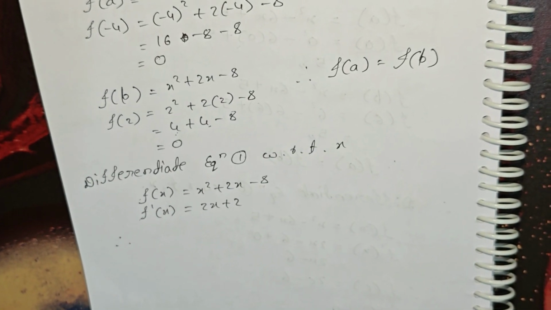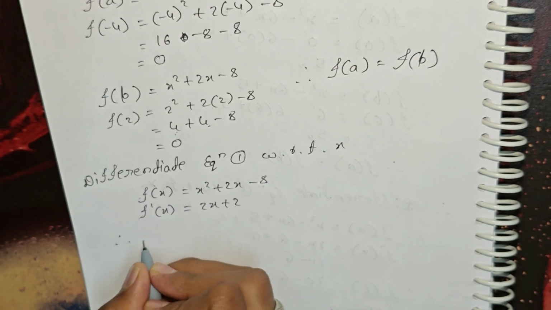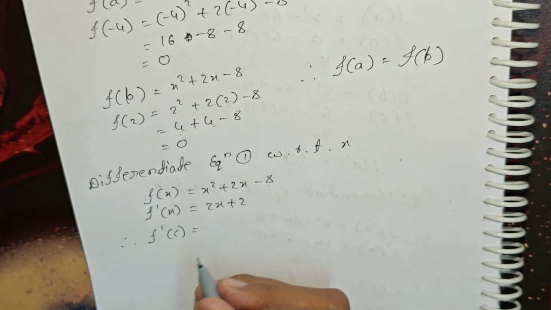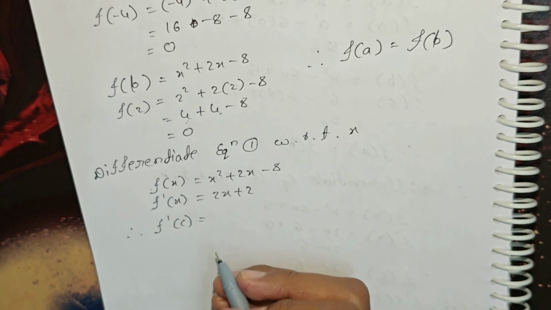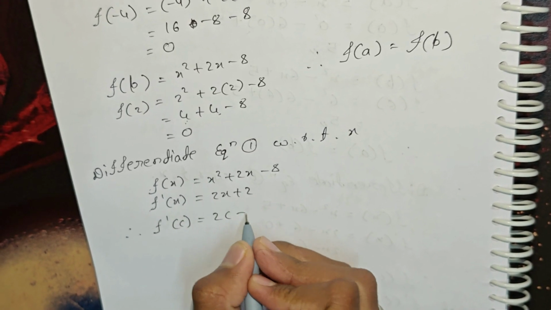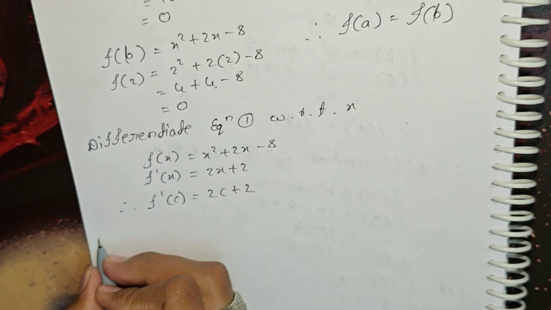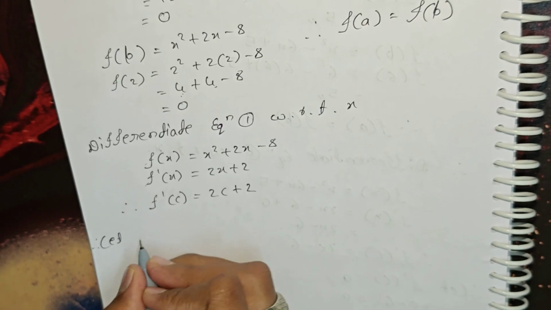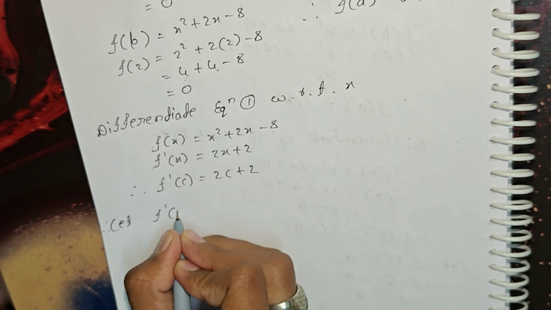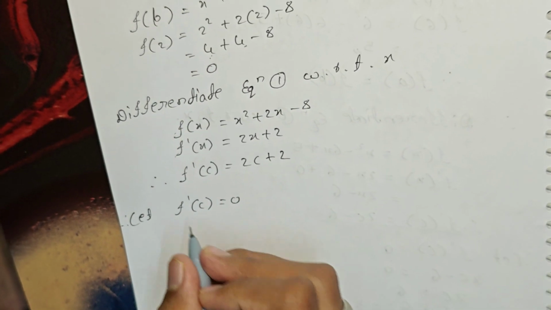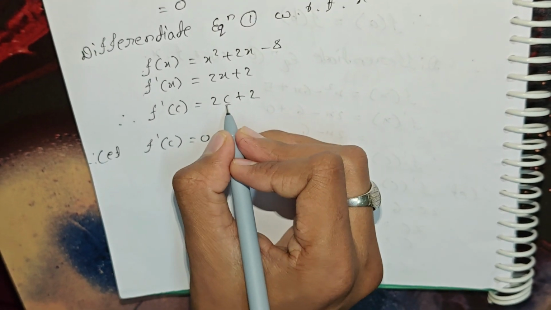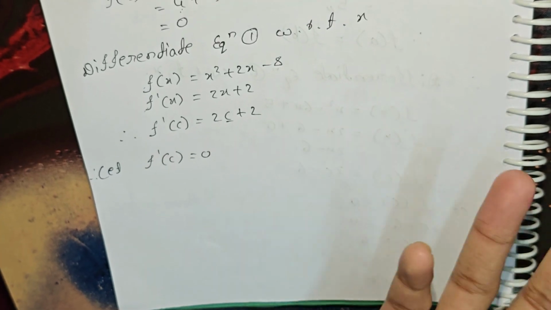As in previous problems, f dash of x becomes f dash of c. We replace x with c, giving 2c plus 2. Now the f dash of c value is equal to 0. So now we have to find the real value of c.